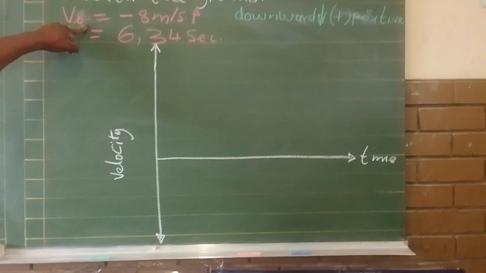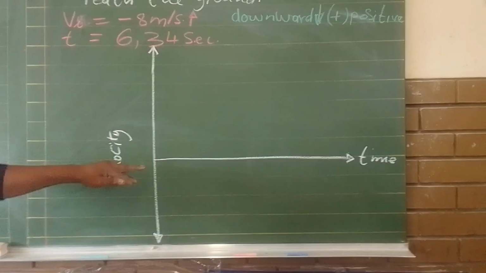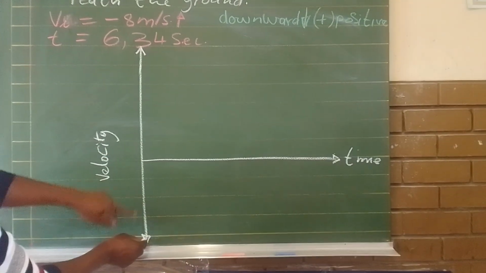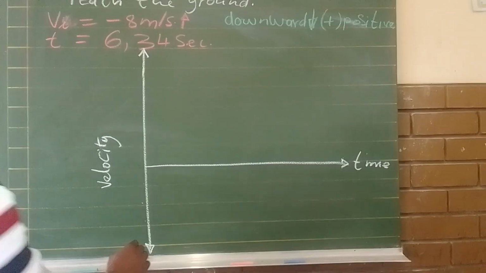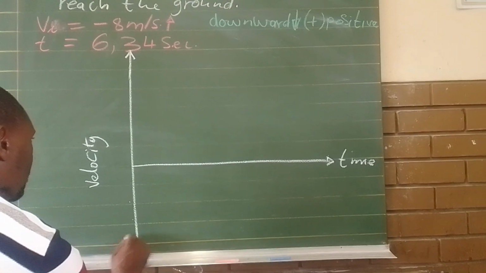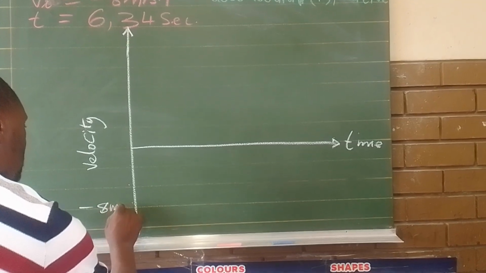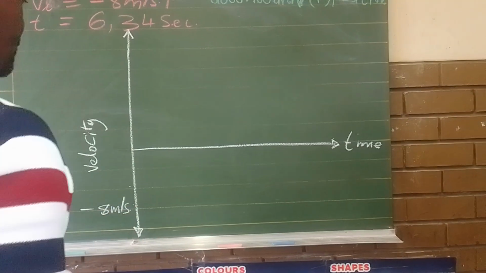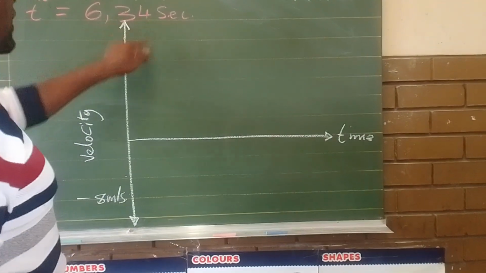Our initial velocity is negative 8 meters per second. We must follow that downward is negative... downward is positive, upwards is negative. 2, 4, 6, 8. This is your negative 8 meters per second. The time is 6,34.